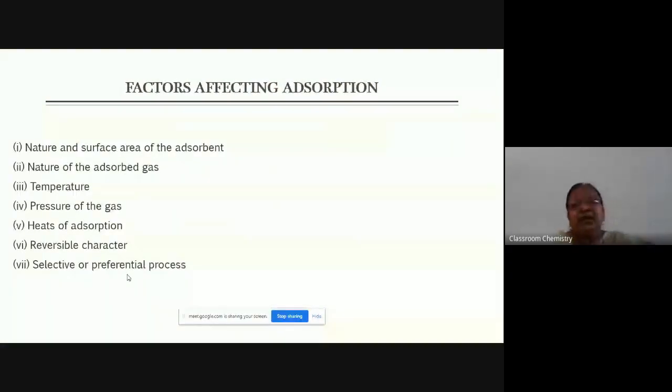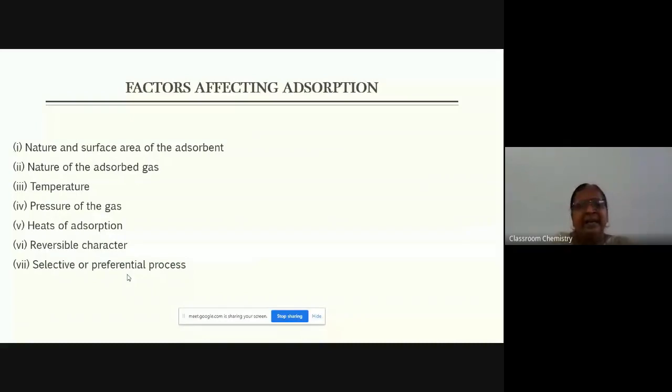Then let us consider the factors affecting adsorption. There are different factors which affect adsorption. पण पाहिलं आतापर्यंत की adsorption म्हणजे काय आणि difference between adsorption and absorption. What is meant by adsorbent and adsorbate?